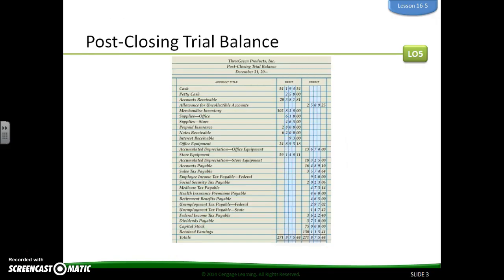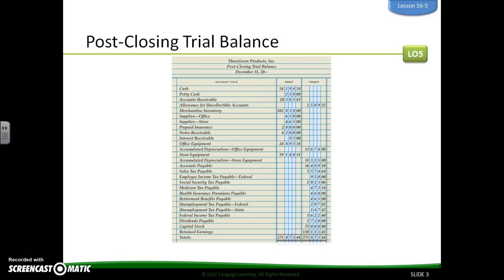As we look at our post-closing trial balance, remember that part of the reason we do it is to prove that our debits equal our credits in the general ledger. After all of the closing entries, the post-closing trial balance should only have balances for asset, liability, and capital accounts.